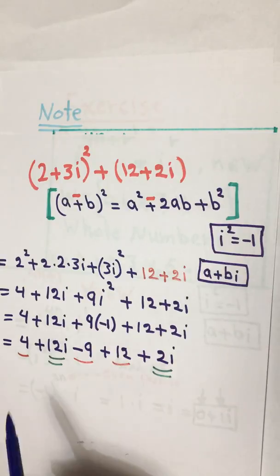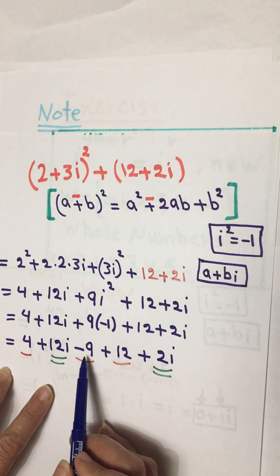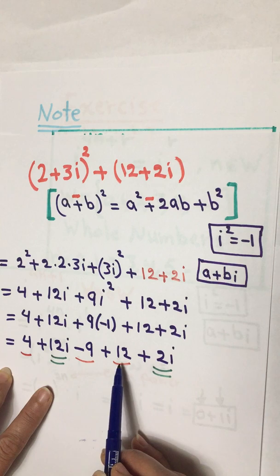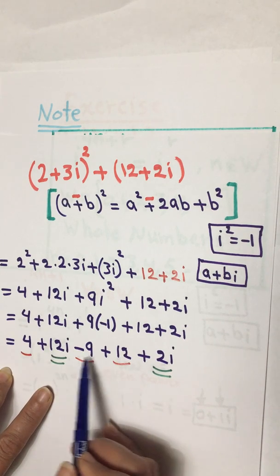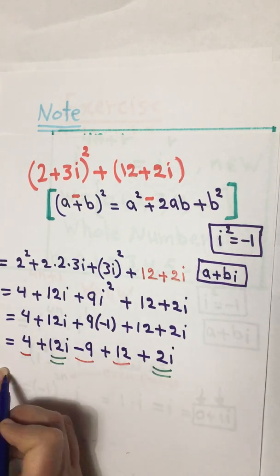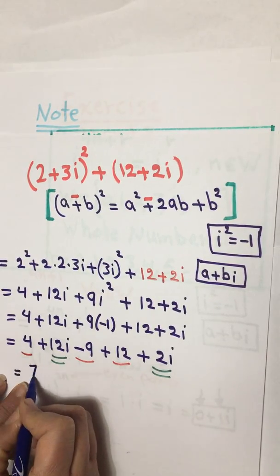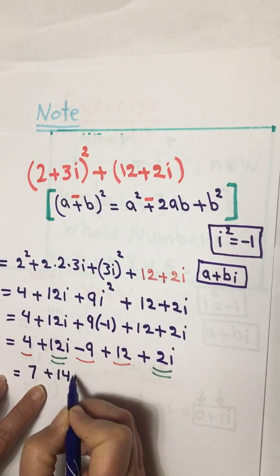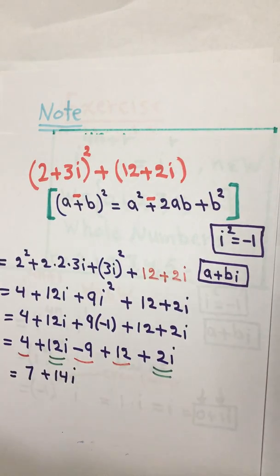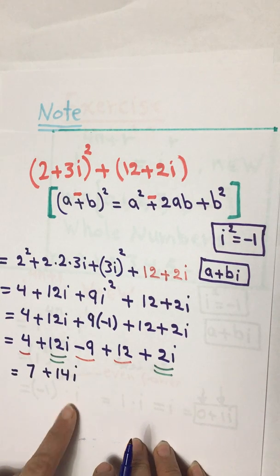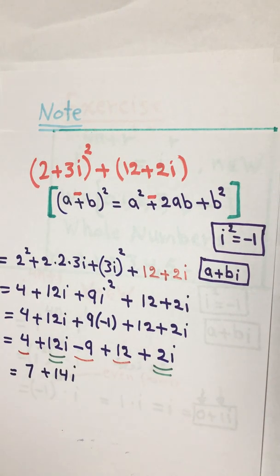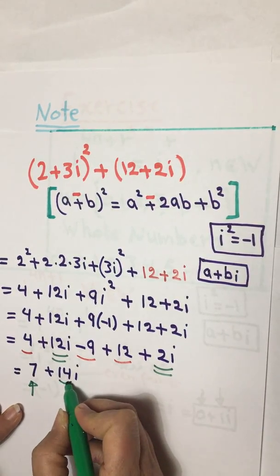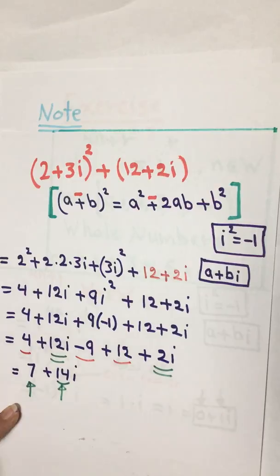So the answer can be 4 plus 12, that's 16, 16 minus 9 is 7, plus 12I plus 2I, 14I. So this is the complex number, and the real part equals 7 and the imaginary part equals 14.